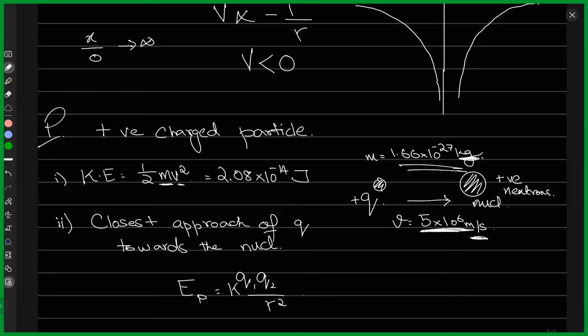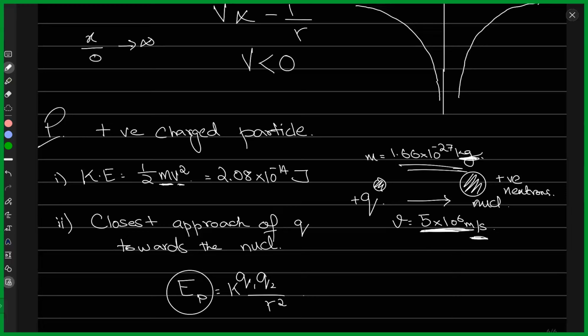Now, what should this be equal to? Because of the conservation of energy, this should be exactly equal to the kinetic energy of the particle, because the entire kinetic energy of the particle is converted into the electrical potential energy of the particle.